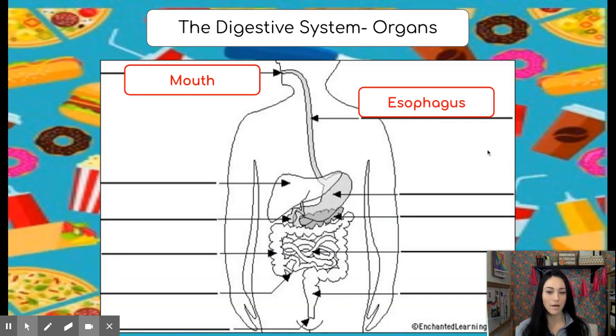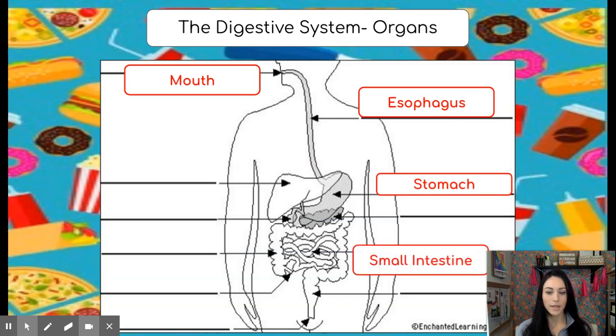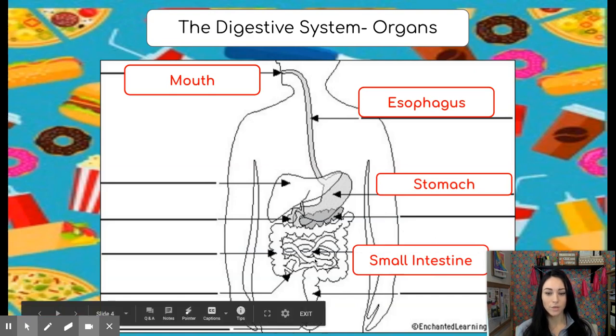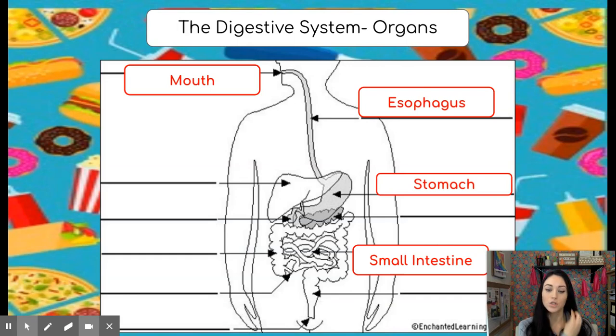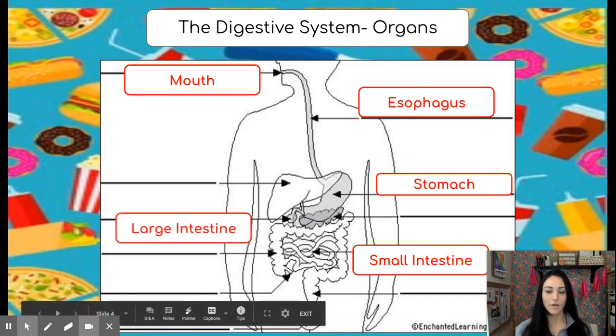This is called the esophagus. Next, we've all heard of it, is this pouch here at the bottom of the esophagus called the stomach. Next, we have the organ that is called the small intestine, which is this small wiggly tube that you see here. And finally, we have our large intestine.